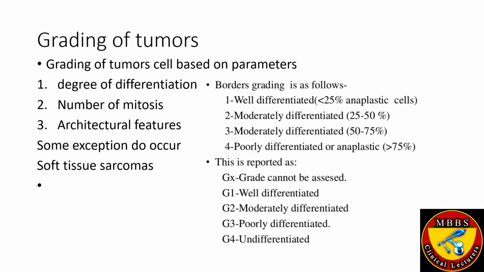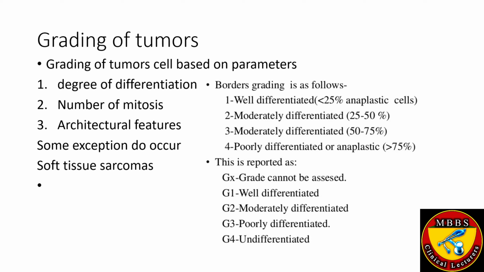So these parameters are the degree of the differentiation. What does it mean? The differentiation means the resemblance to the original tissue morphology. So as much as the tumor resembles the original morphology of that tissue, it will be labeled as well, moderate, or poorly, depending on the morphology, what exactly it is showing under the microscope.